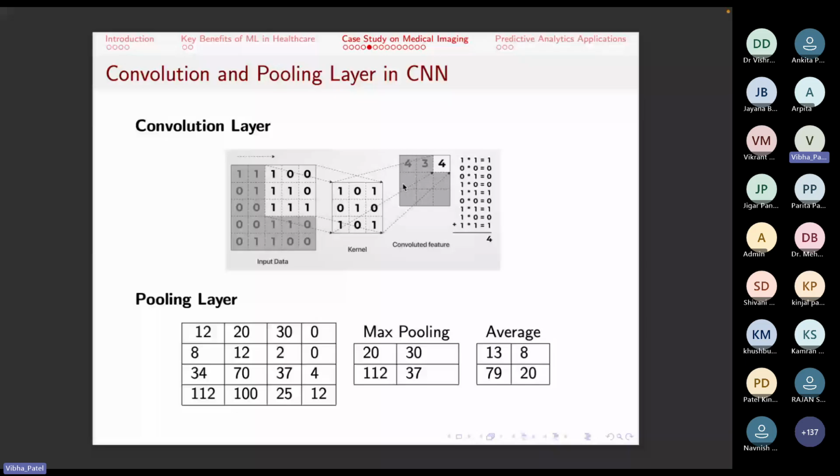If the eyes shifted from one position to another position, it's still not going to create any impact on my classification task. If I want to integrate this translation invariance characteristic in the features that have been extracted, that characteristic is provided by the pooling layer.